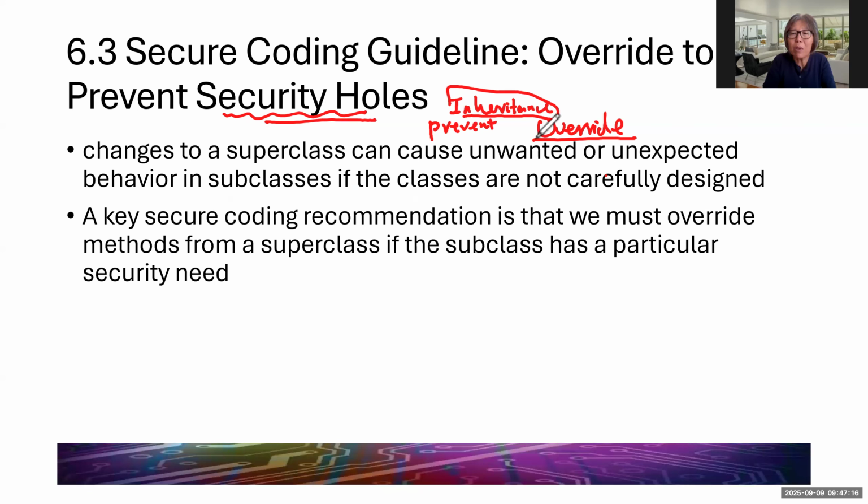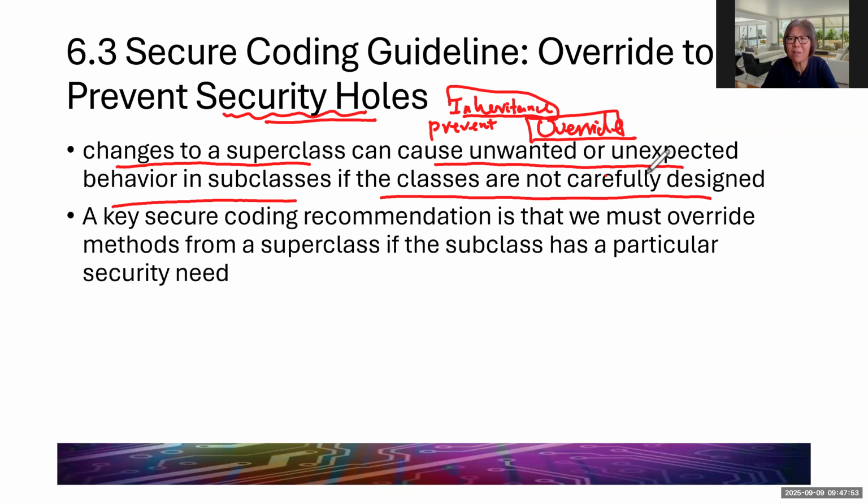So one way to achieve that, so that we also achieve the goal for inheritance, is through override. Because sometimes with the development, you may want to add more methods to the superclass, or make some change to the superclass. So changes to a superclass sometimes can cause unwanted or unexpected behavior in the subclass if the class is not carefully designed.